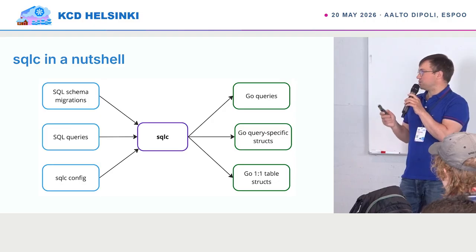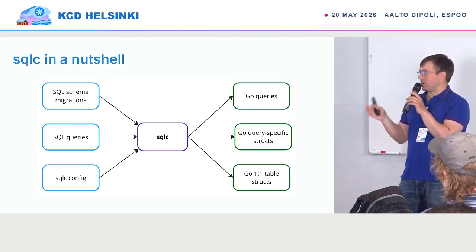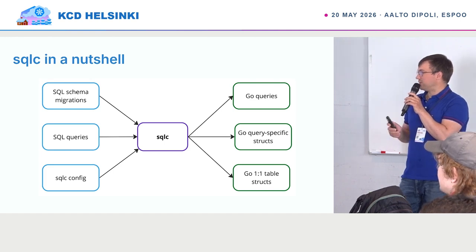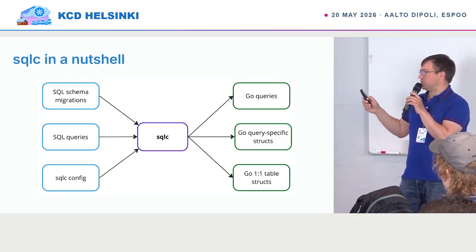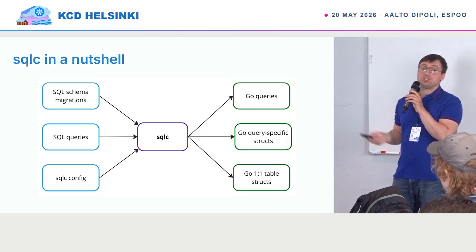It also produces specific structs which correspond to the output of the queries, and they're type safe. And it also produces one-to-one table mappings to structs, which I don't really use in my application, but it's a side product of the generator anyway.